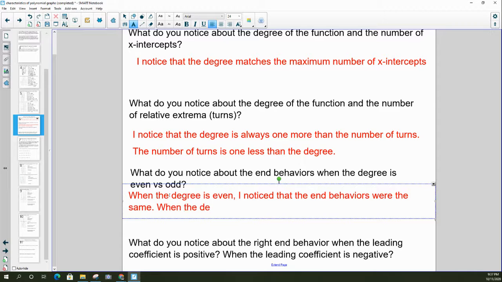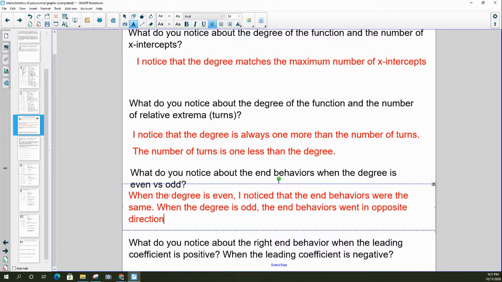When the degree is odd, the end behaviors are in opposite directions.